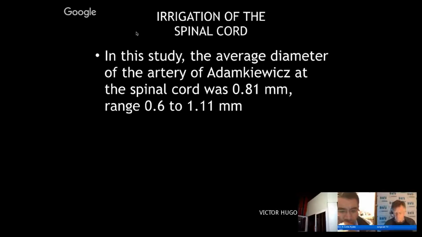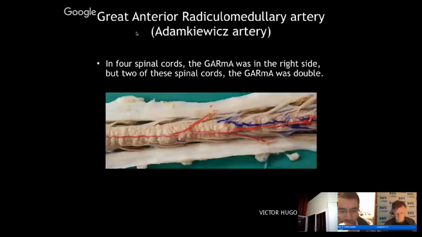In this study, the average diameter of the artery of Adamkiewicz at the spinal cord was 0.81 millimeters, ranging from 0.6 to 1.11 millimeters. In 4 spinal cords, the great anterior radiculomedullary artery, the Adamkiewicz artery, was on the right side.